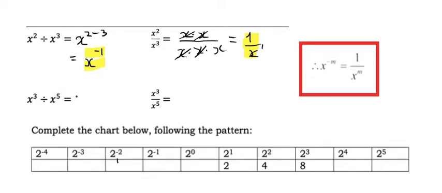Okay, so one more time, taking the subtraction approach, we have 3 minus 5, and that will lead us to minus 2.